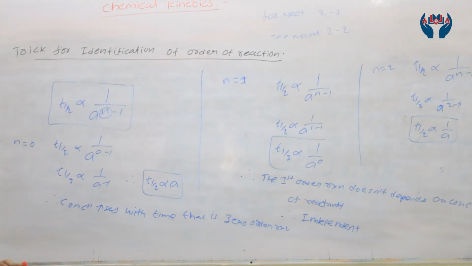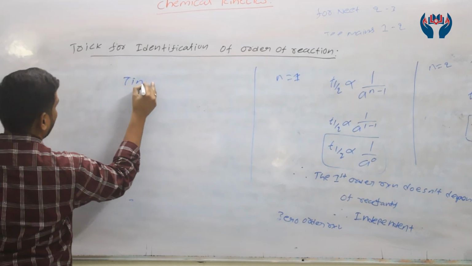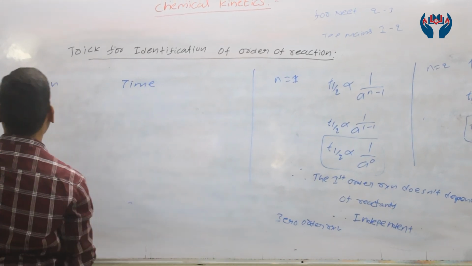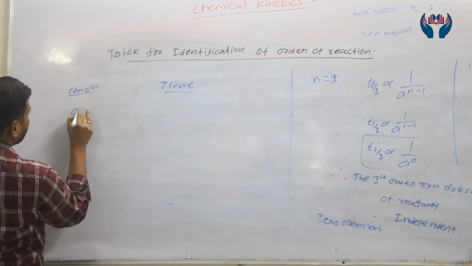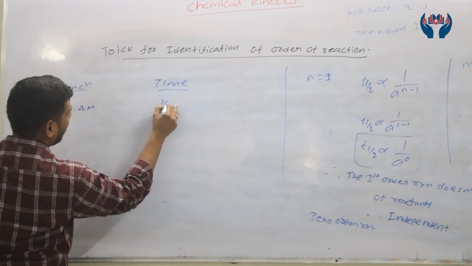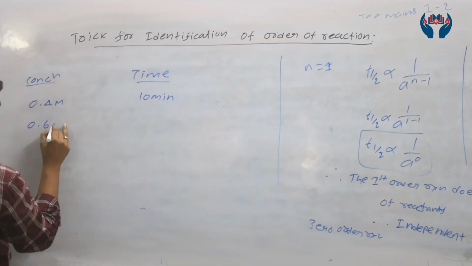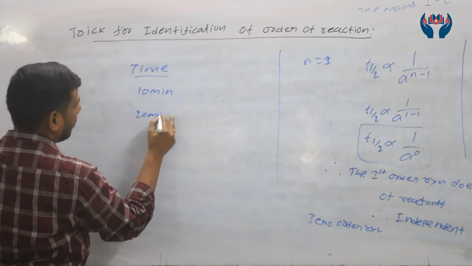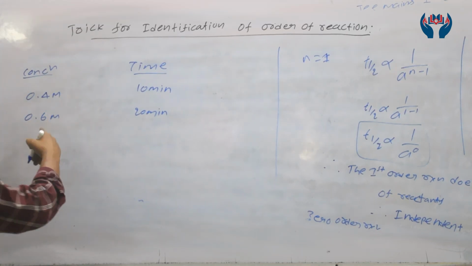For example, the concentration and time are given. Then calculate. For example, the concentration is 0.4 for 10 minutes and 0.6 moles for 20 minutes. What is the order of reaction? First of all, I observe the identification relation.